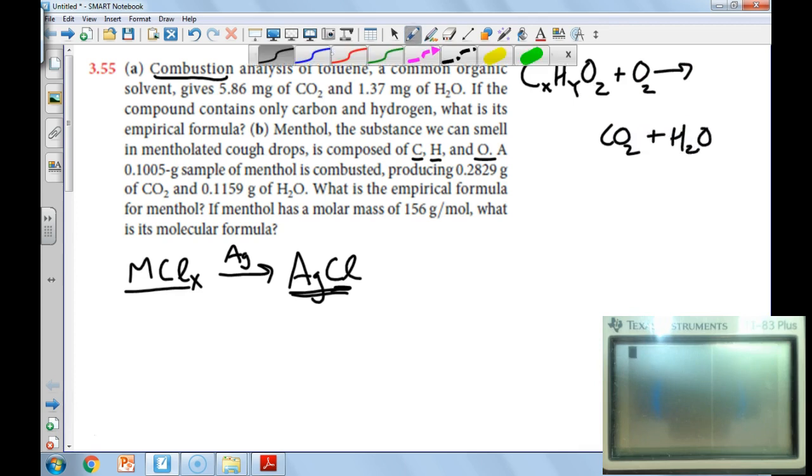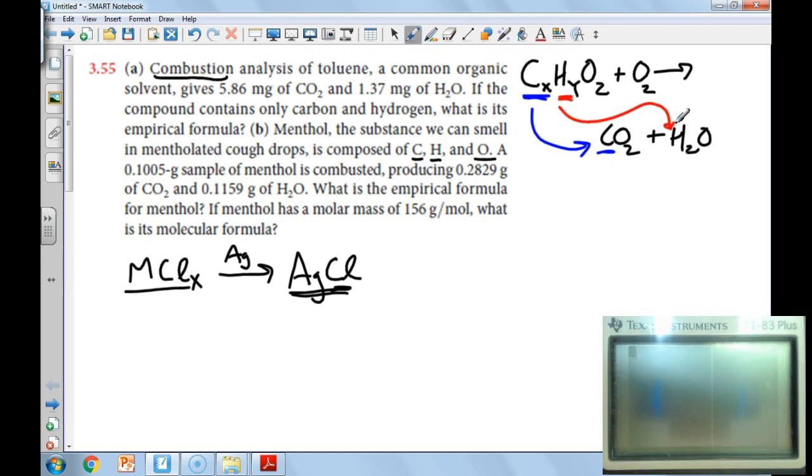All the carbon that was in menthol went to carbon dioxide, so if we can get an accurate mass of that, we know how much carbon there is. And if we know how much water we have, we can figure out how much hydrogen there is, because the hydrogen goes all the way to here.